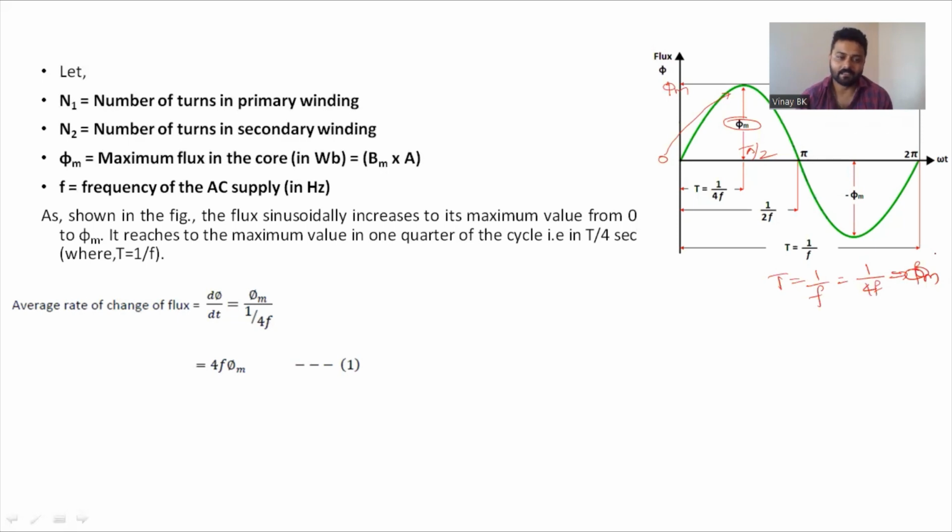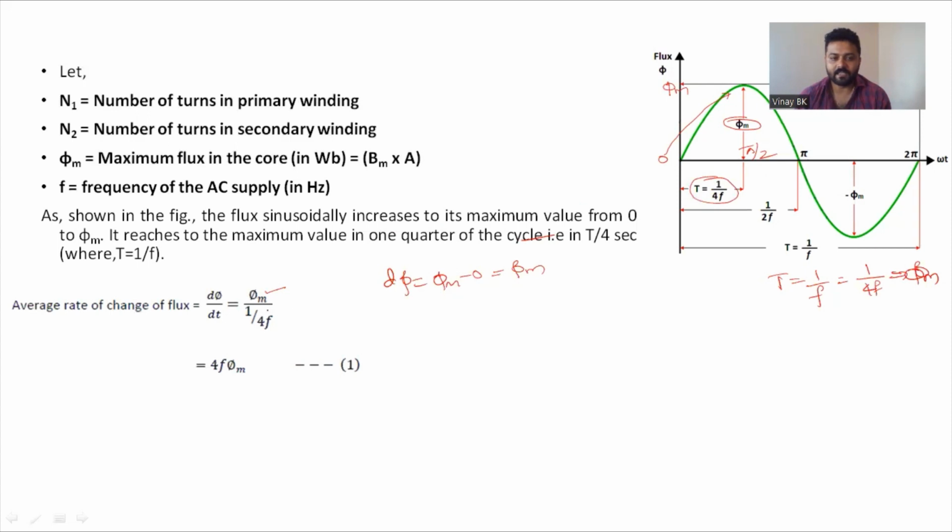Now you define the average rate of change of flux with the help of Faraday's law of electromagnetic induction. Where there is a flux, there is an EMF. So the average rate of change of flux is d phi by dt, where d phi is the change in flux from minimum to maximum, that is 0 to phi m. The final value is phi m minus 0, that is phi m itself, so d phi equals phi m, whereas dt is the time taken to reach maximum flux, that is 1 by 4f.